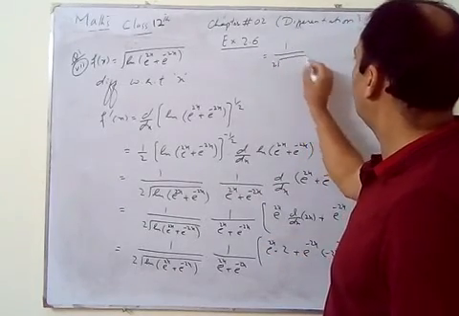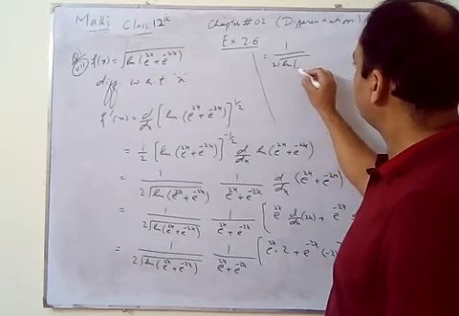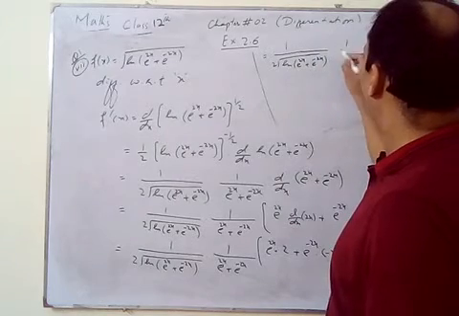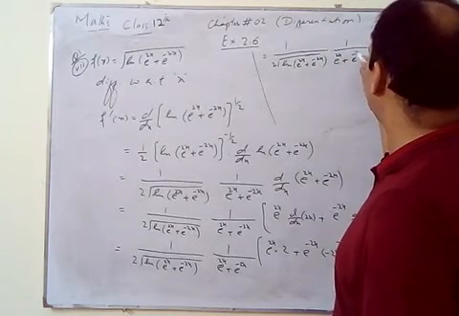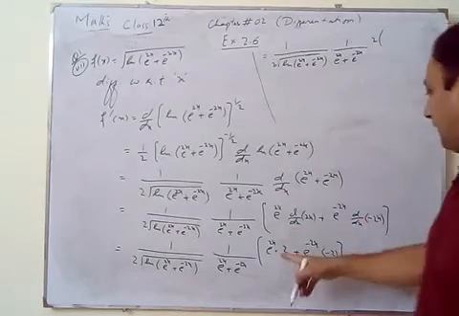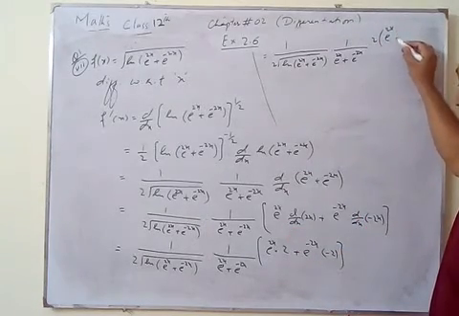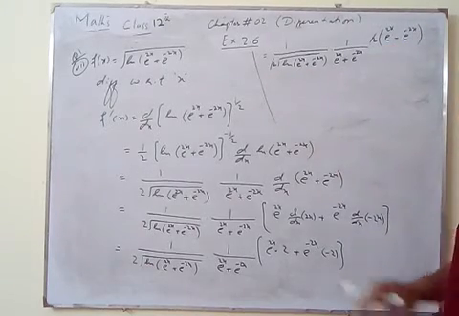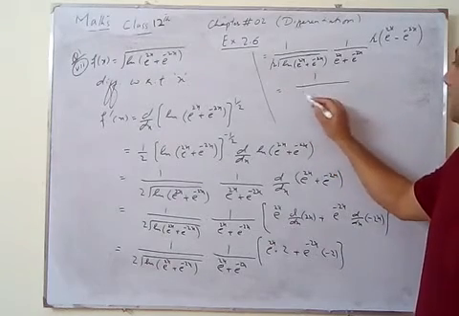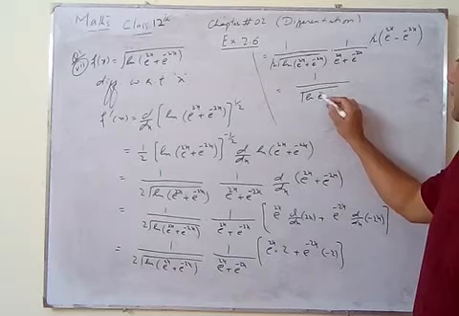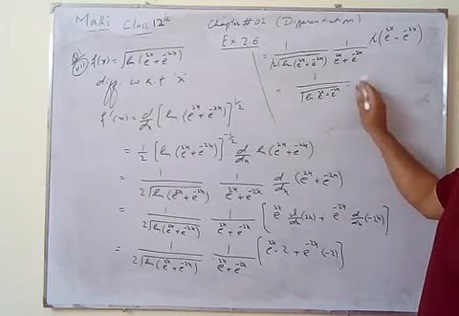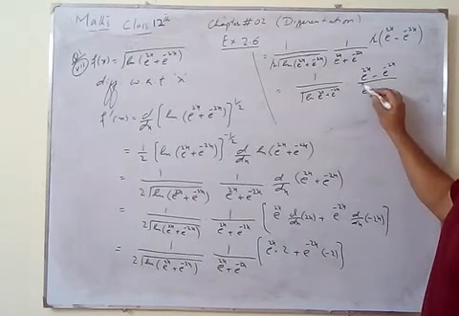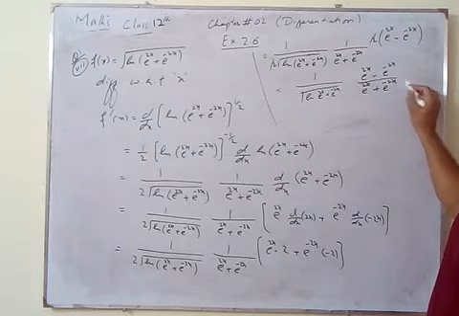1 over 2 log(e^2x + e^-2x) into 1 divided by (e^2x + e^-2x). 2 is common, so we have e^2x minus e^-2x, and this 2 cancels. So (e^2x minus e^-2x) divided by (e^2x + e^-2x).